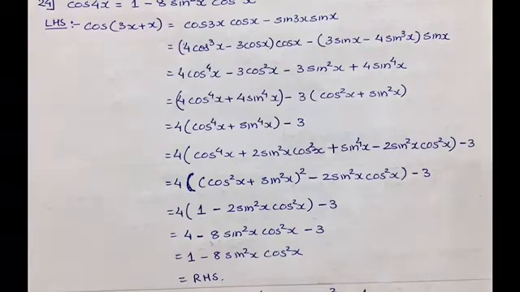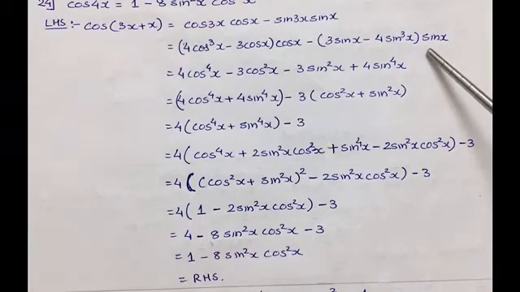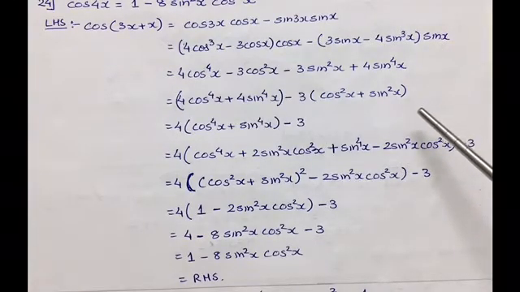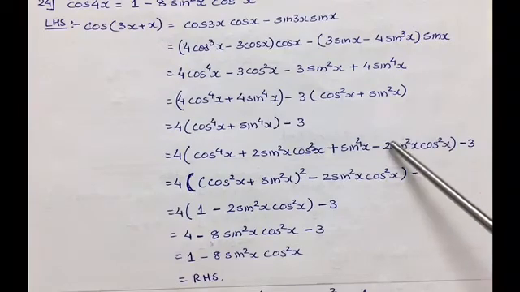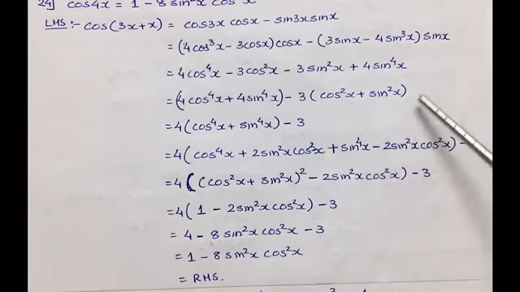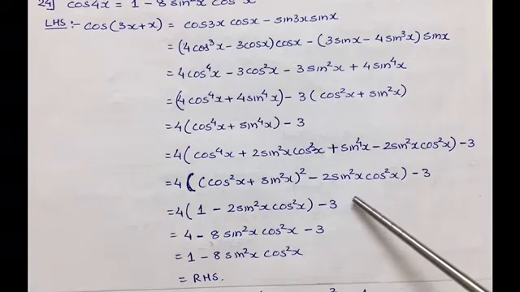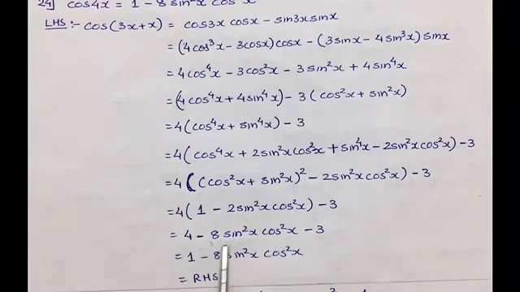Now if you look at it, in this example, initially the application of the formula has taken place for cos 3x and sin 3x. After that, the usual simplification method is applied in such a way that we are left with only 1 minus 2 sine square x cos square x multiplied by 4 minus 3.